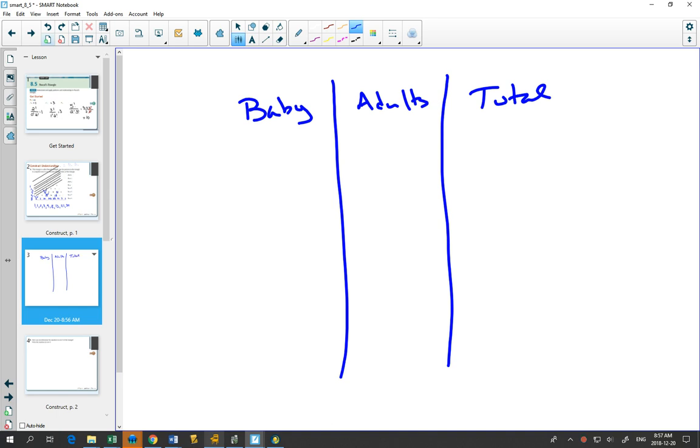And you have a baby boy bunny rabbit and a baby girl bunny rabbit. So how many pairs of baby rabbits you have is one. You have no adult rabbits, and you have one pair of rabbits in total.